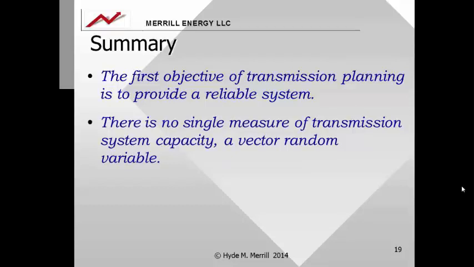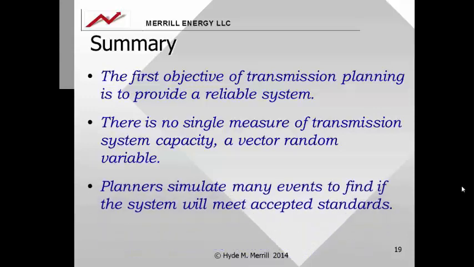How do transmission planners determine if the system in the future will satisfy accepted standards? What do planners do if they determine that the future system will not satisfy accepted standards?